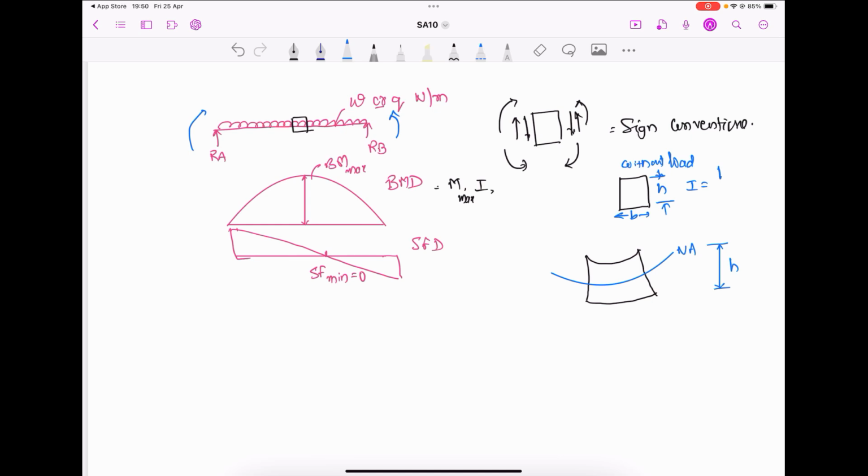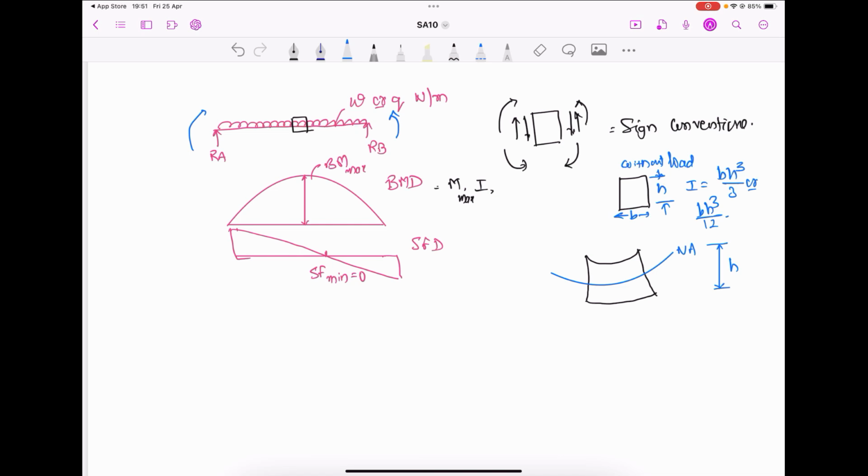I is equal to BH cube by 3 or BH cube by 12 as we consider the x axis and center of gravity. These details you can also view in my previous lectures and understand. In my previous lectures, I have explained everything.